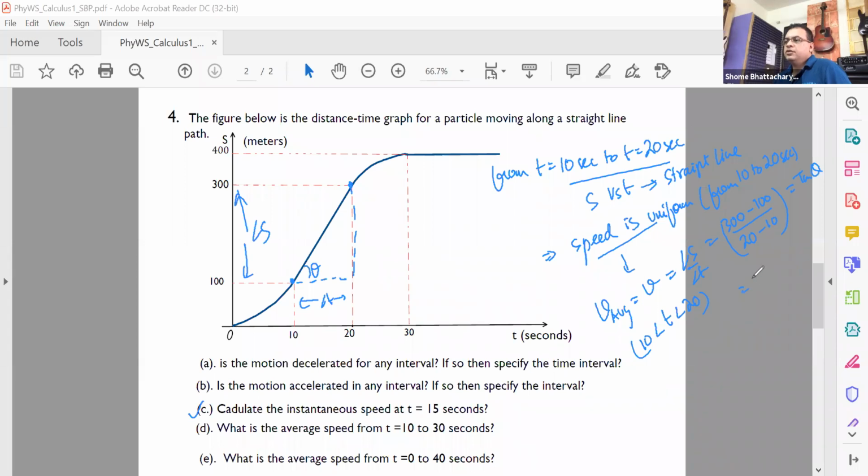So 200 by 10, or 20 meters per second. Okay, so I hope this is clear. Vineet Lunia, question 4C is clear, I hope.